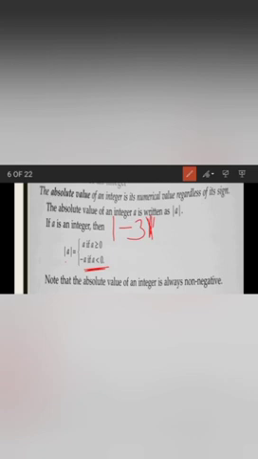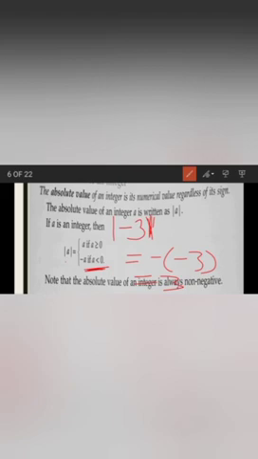In that case a is less than 0, so you have to write a minus sign. So you have to put minus of minus 3, and that will be equal to 3.